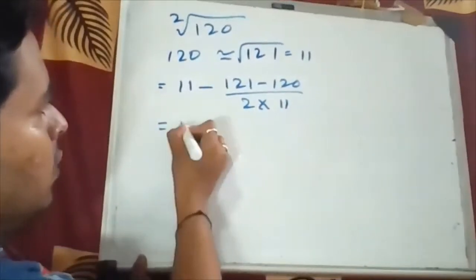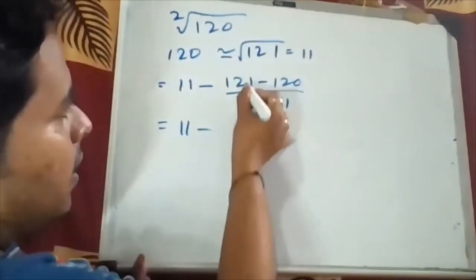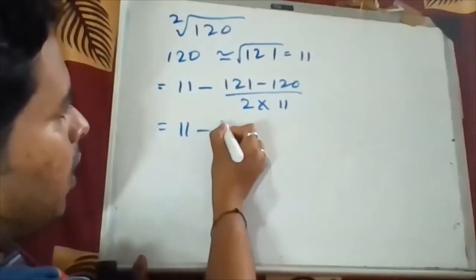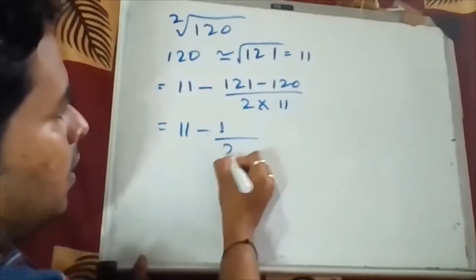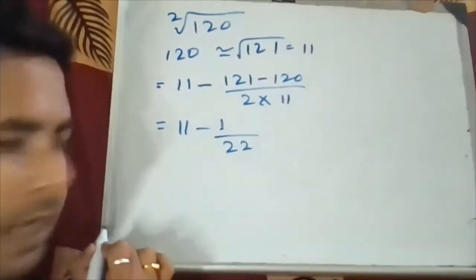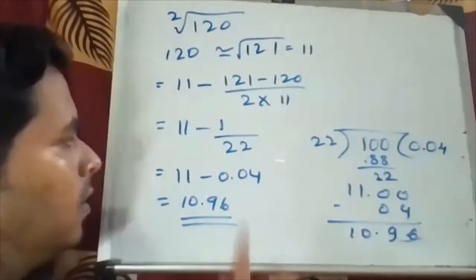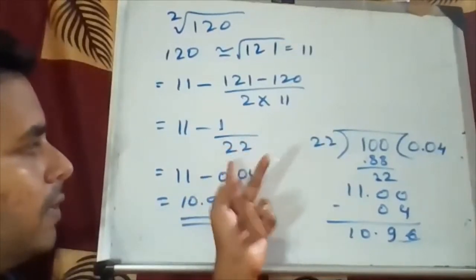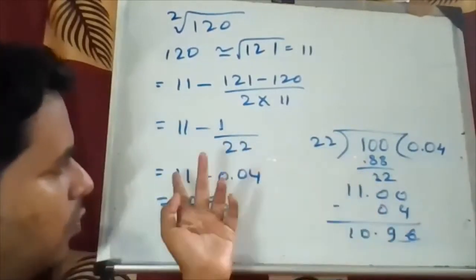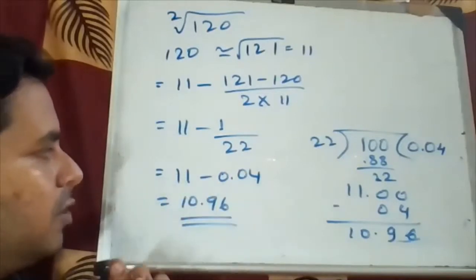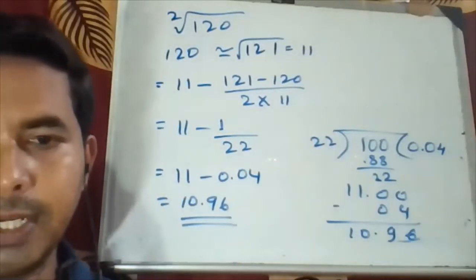So 11 minus, here 121 minus 120 is 1. So here this is 22. So you will get the answer 1 by 22, which is 0.04 आएगा. So do the subtract, 11 minus 0.04 will get 10.96.